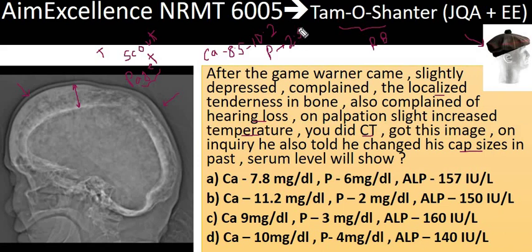Here the age is not mentioned in this question, but it generally never goes beyond 4.5 to 5. And for alkaline phosphatase, the normal value is 44 to 147 international units per liter.